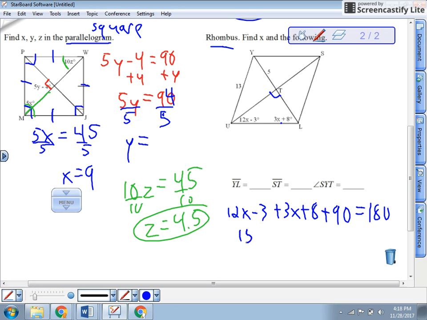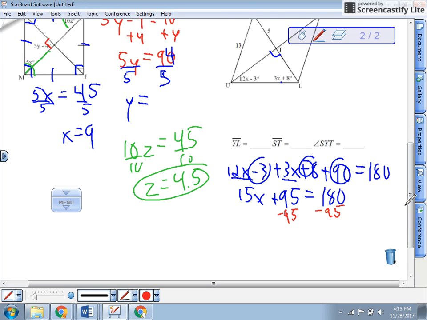So we're going to get 15x from here and here, and then the minus 3 plus 8, that's plus 5, and then I got the plus 90, so that's actually plus 95 equals 180. I'm going to subtract the 95 from each side. So I'm going to get 15x equals 85.